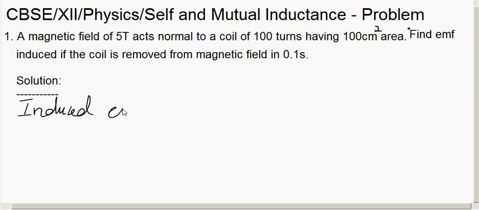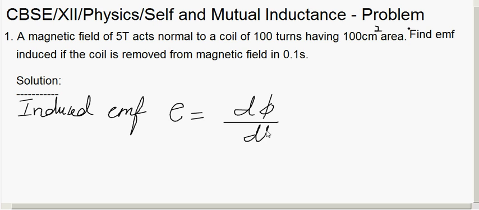Induced EMF E is d phi by dt, and if you use n into d phi by dt, and if you use the equation with sign, it will become minus n into d phi by dt.